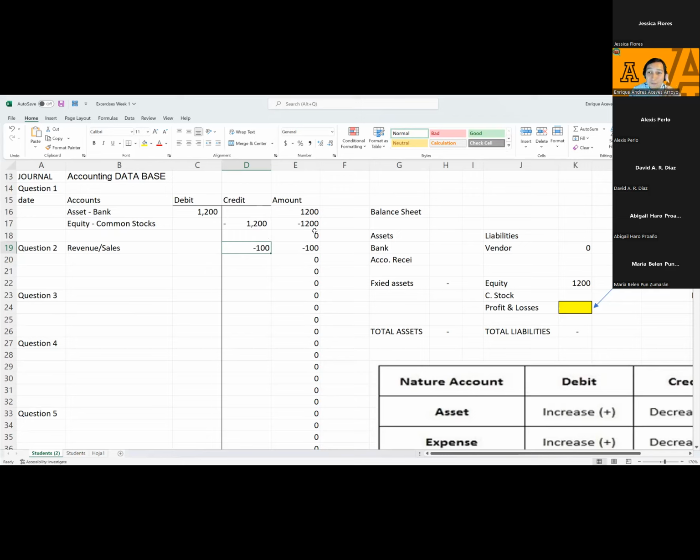Because if you don't have any cost to deduct from this sale, it would be called profit, right? And you have to pay your shareholders the profits of the company. So you owe those 100 to your shareholders. That's why it's on a negative sign for the companies.